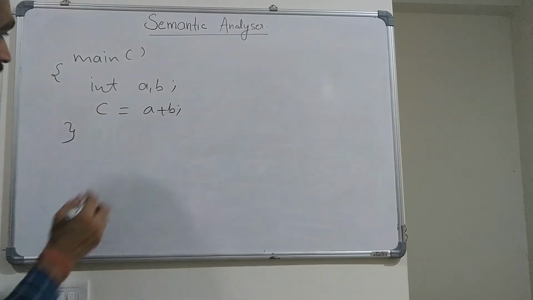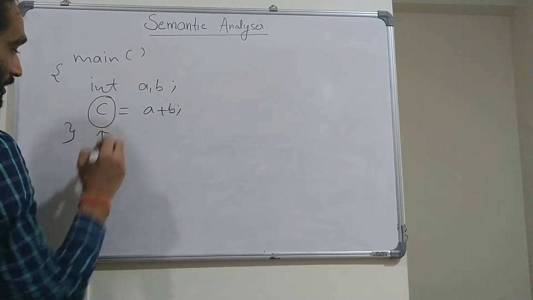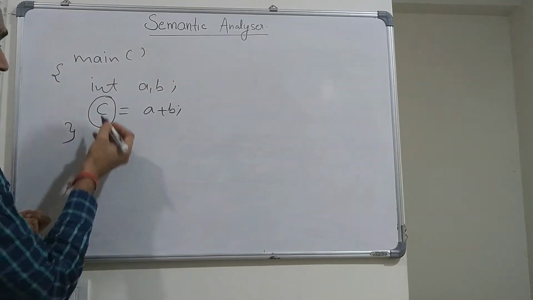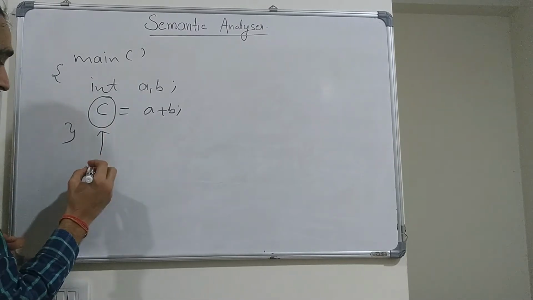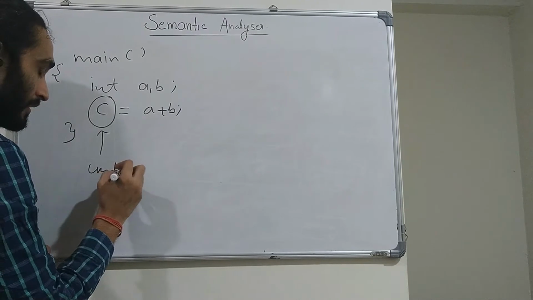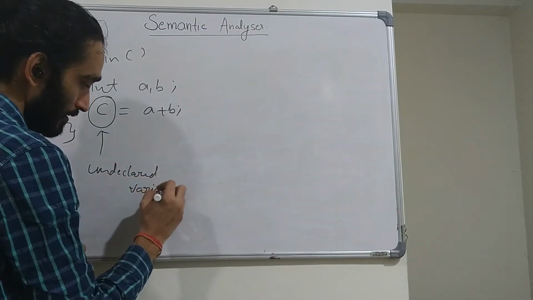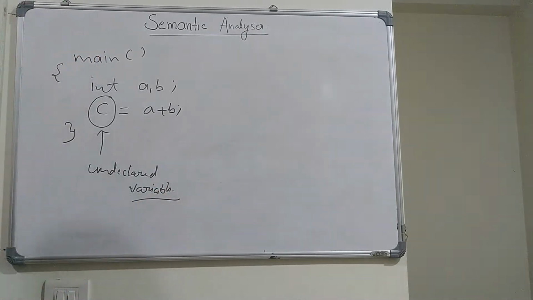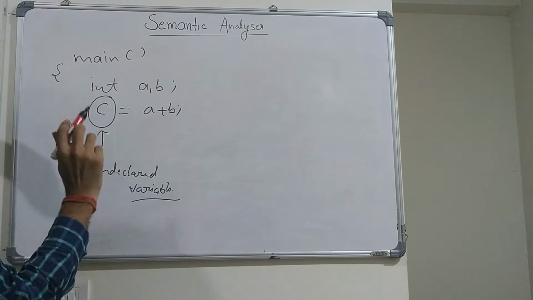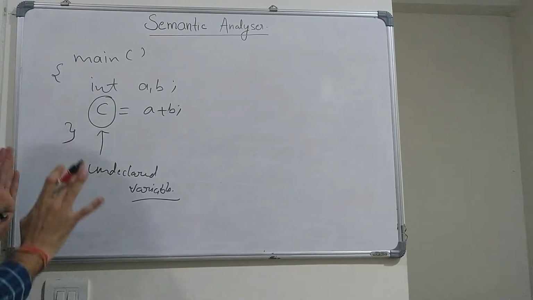Now as you can clearly see here, this variable c is being used and it is undeclared, right? So when c is undeclared, it is going to throw an error, which is going to return me an undeclared variable error. Also, we can clearly verify that the whole program here is both lexically correct and syntactically correct.